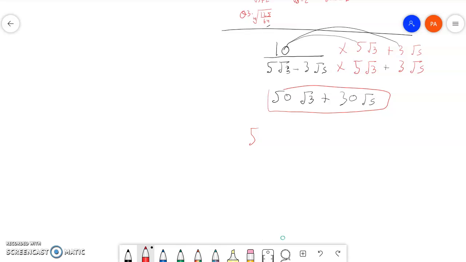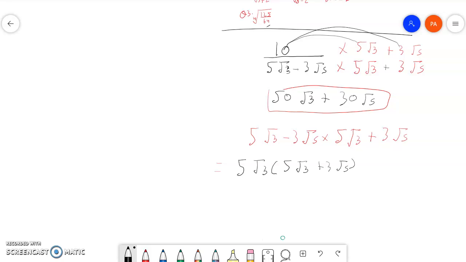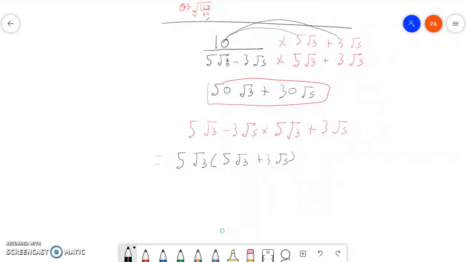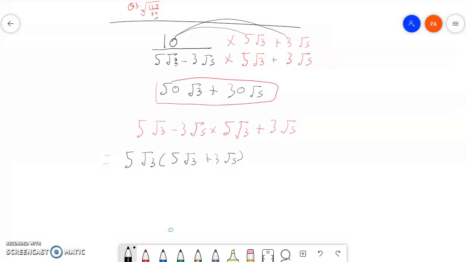So I'll start by doing 5 root 3 minus 3 root 5 into 5 root 3 plus 3 root 5. It can also be written as 5 root 3 into 5 root 3 plus 3 root 5 and minus 3 root 5 into 5 root 3 plus 3 root 5.